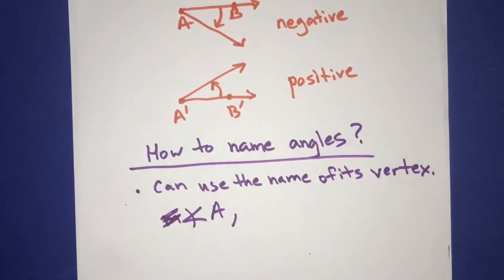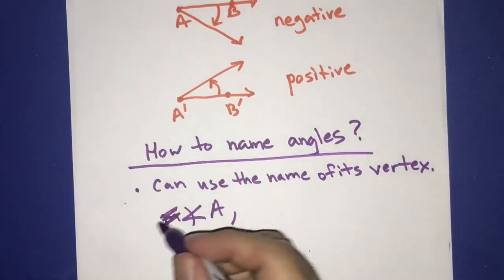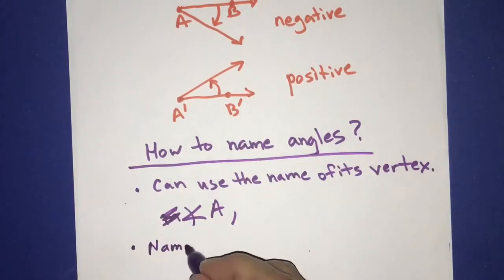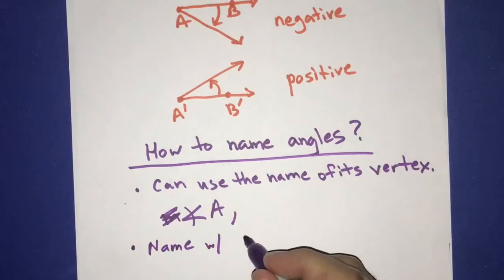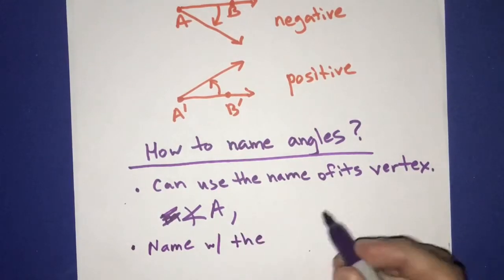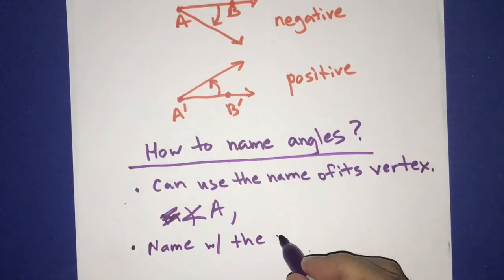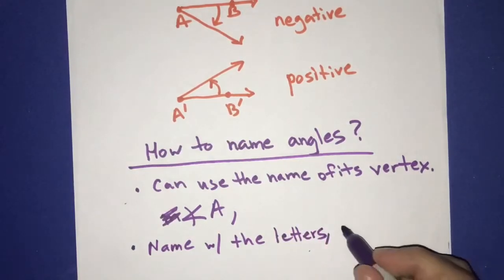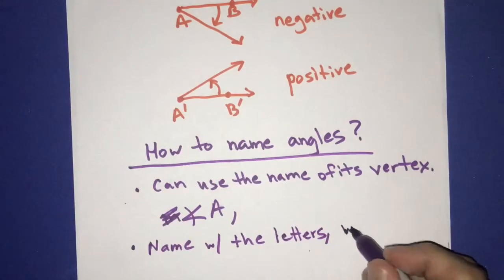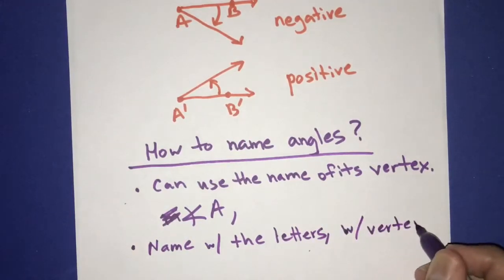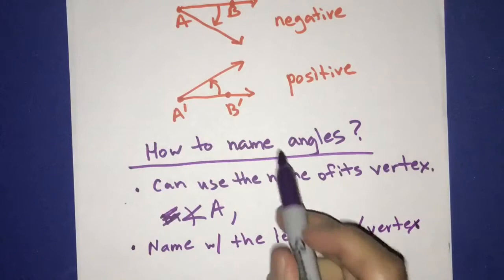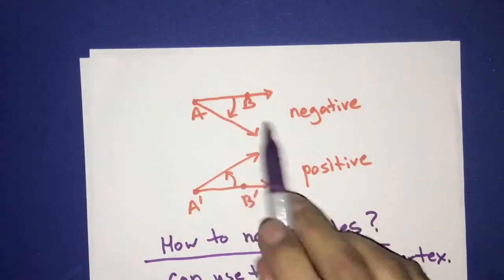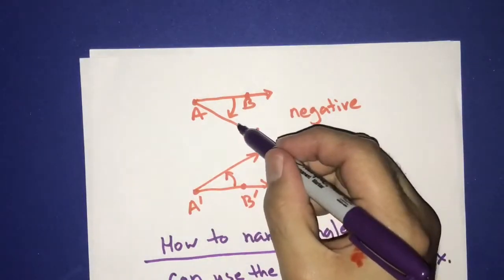Okay. And likewise, we can also name the angle with 3 letters, with the vertex. Okay, so right here we can choose another point to label this, right?